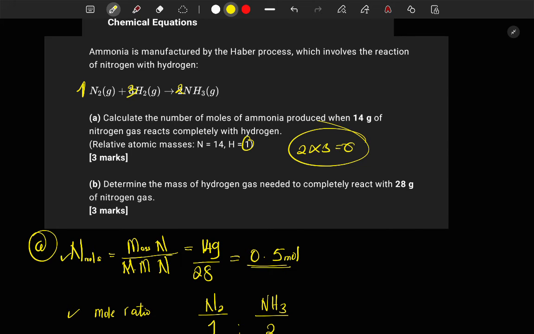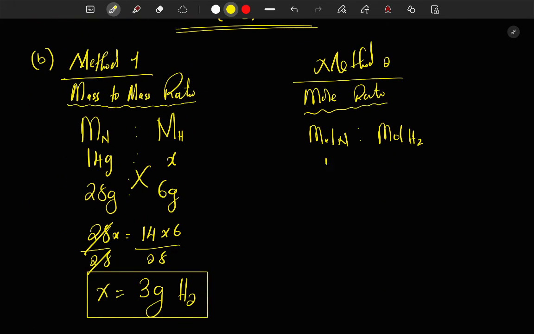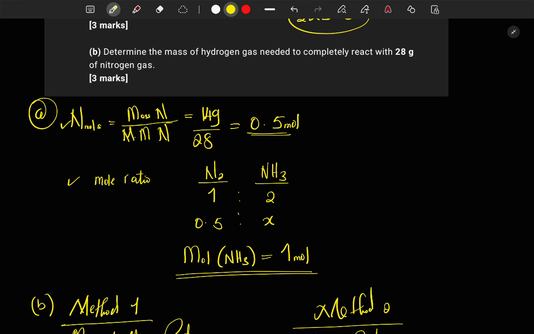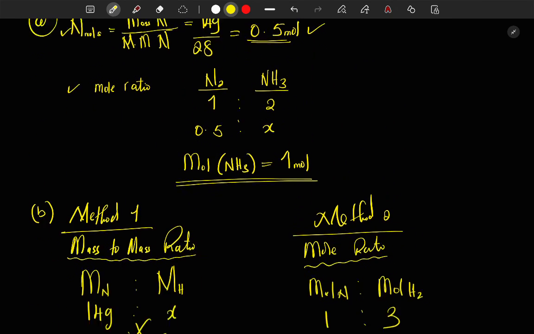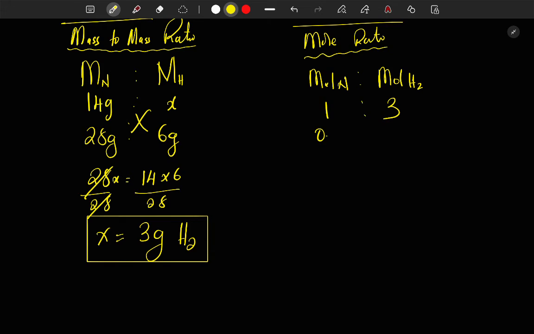Nitrogen is 1, hydrogen is 3. So 1 to 3. Let's go for the number of moles of nitrogen that we found, 0.5. So we put 0.5 there. Here we don't know. So basically we end up having 1.5, like 0.5 times 3. That's X is equal to 1.5. These are the moles of hydrogen.